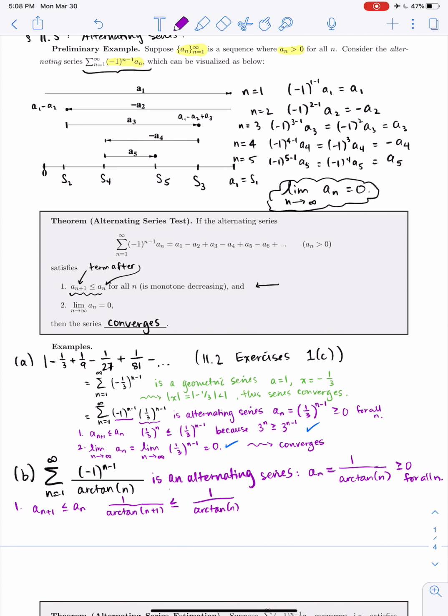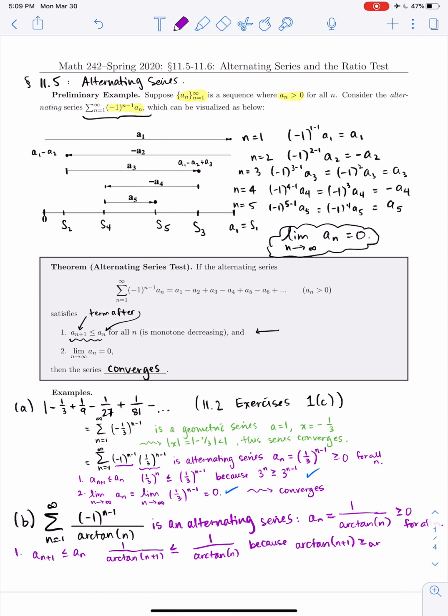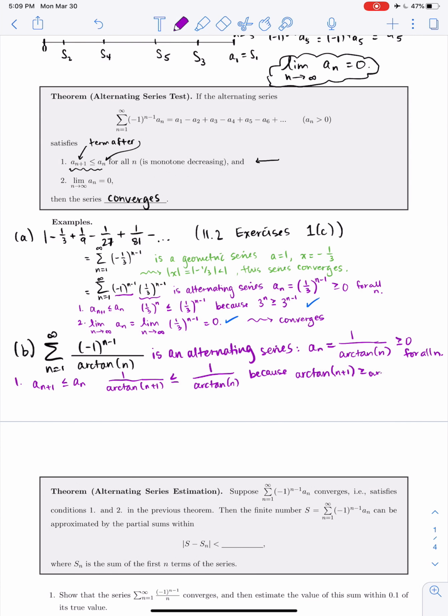I shouldn't have put this inequality here until we verified that it was true, but it is true. It's true because of the comparison of the denominators trick, which we're going to use a lot. So hopefully you feel okay about comparing denominators as a way to compare two fractions.